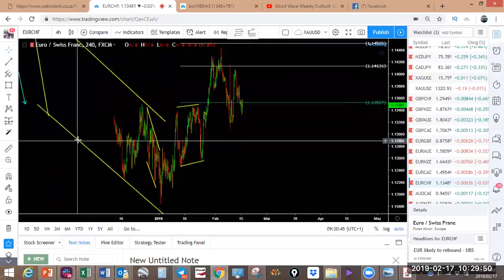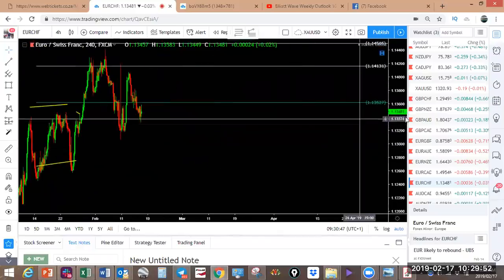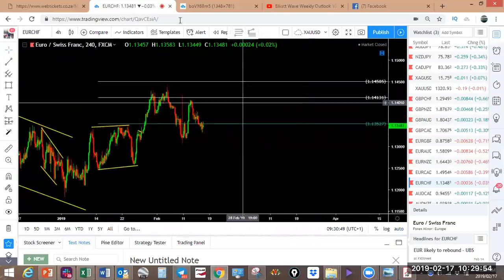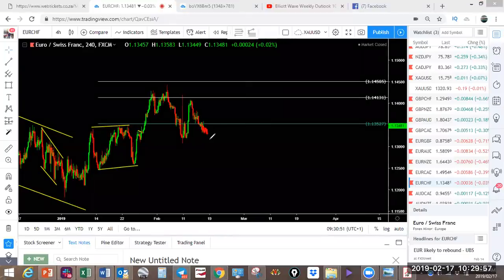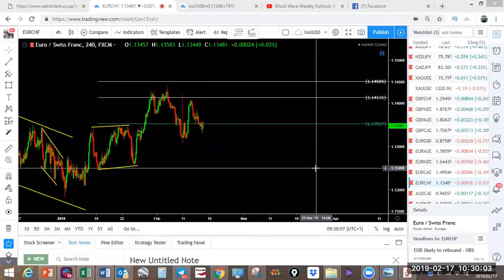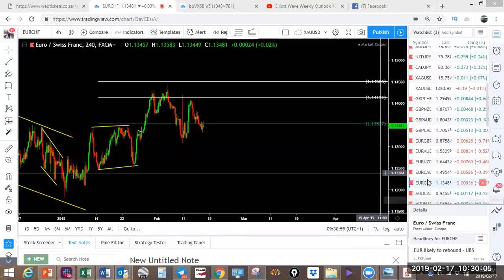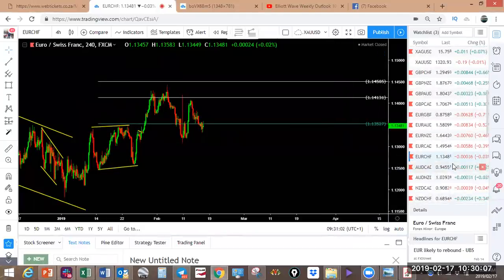If the euro is gonna be going to the upside, this one can keep doing this and then push higher. Keep an eye on it. It's EURCHF. I think that concludes all the euros.